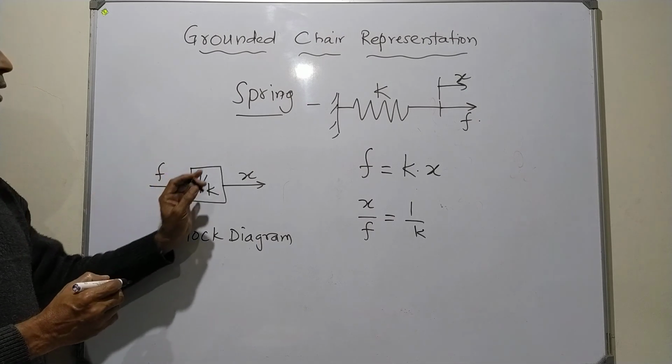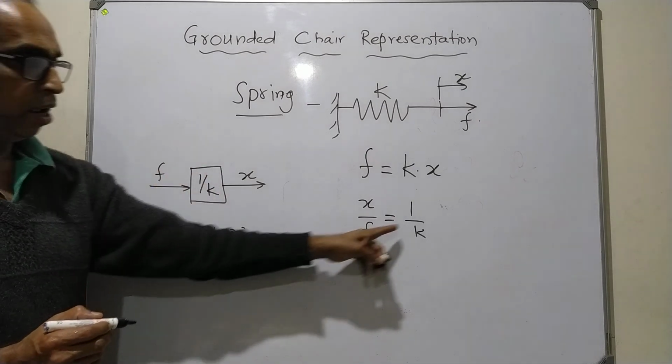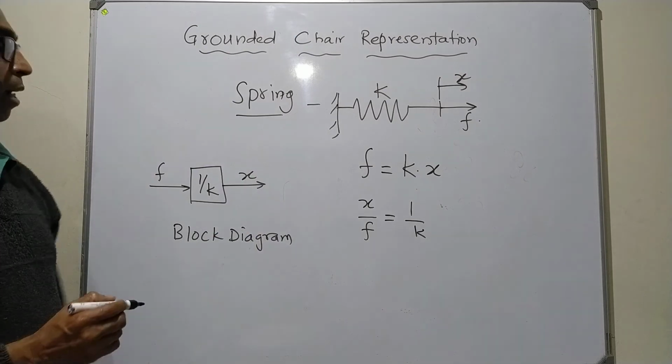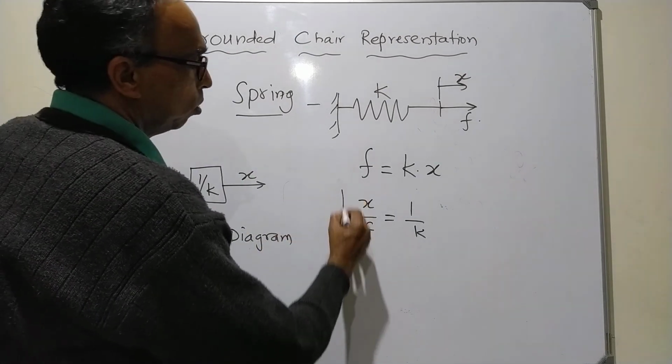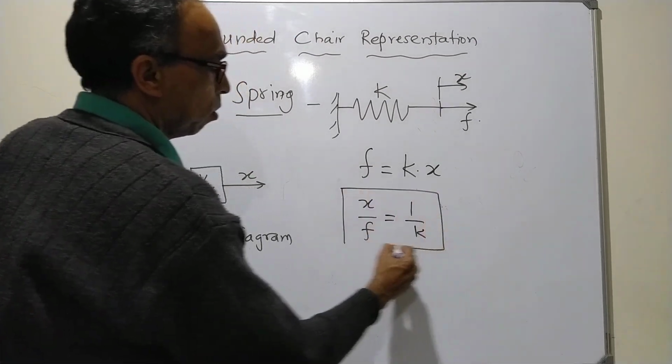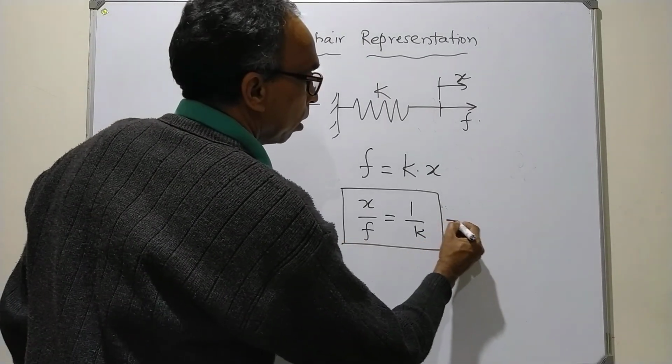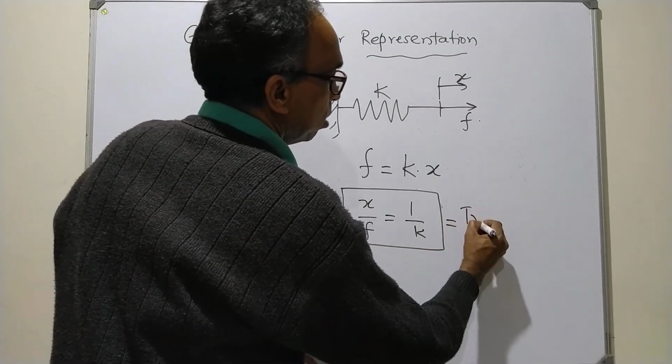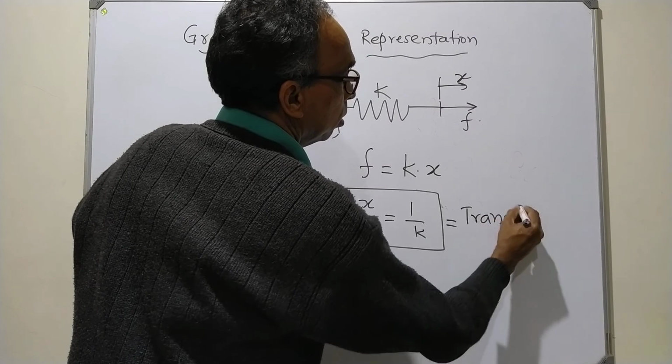F into 1 by K is equal to X. And this was output by input. We had called it as transfer function.